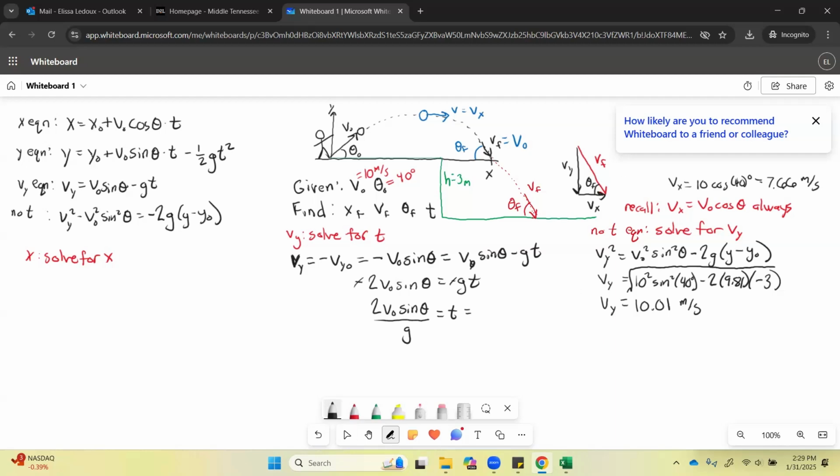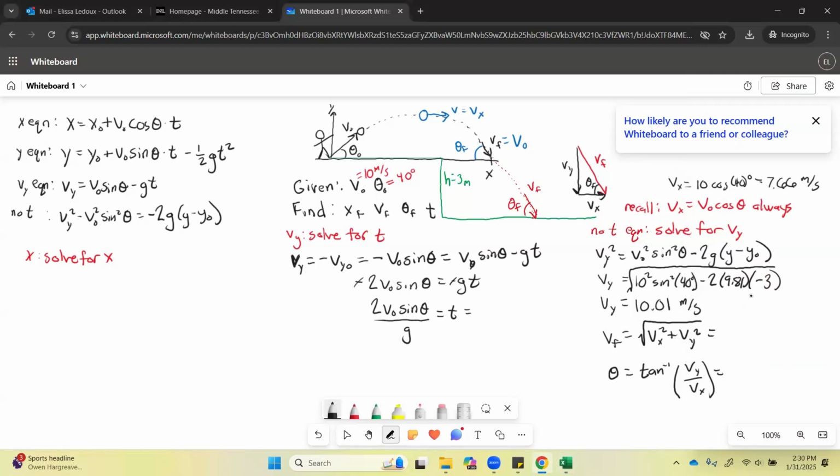To get V final, we just do the square root of Vx squared plus Vy squared. And then for theta, we can use the tangent. So theta equals tan inverse of Vy over Vx.